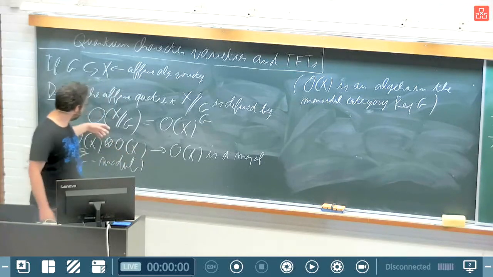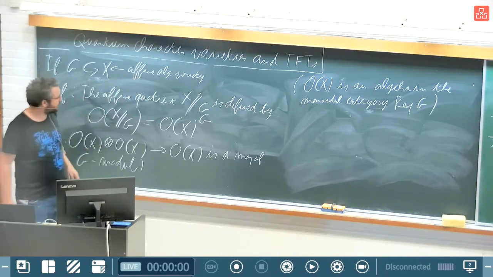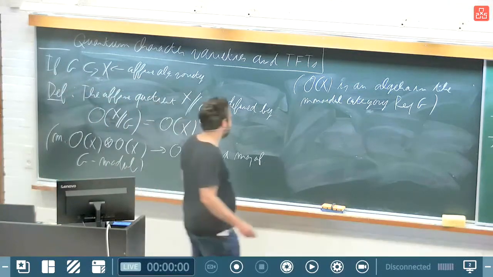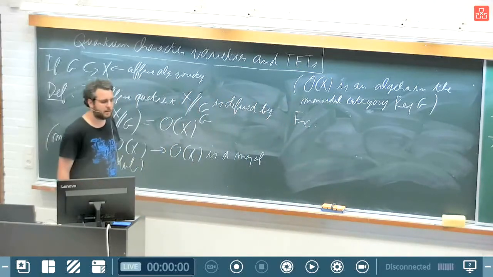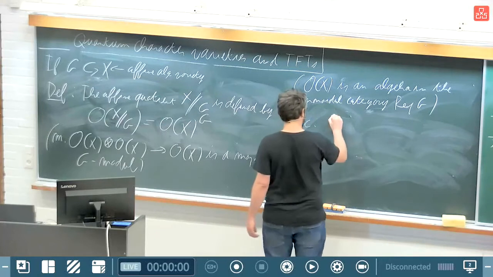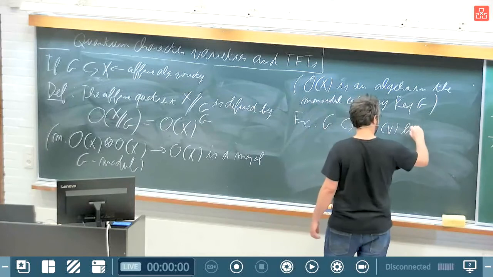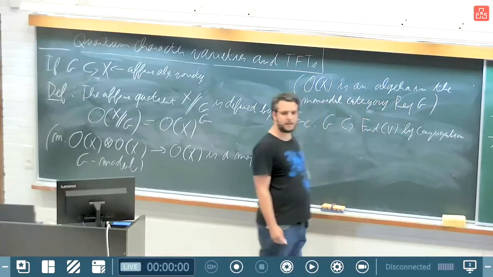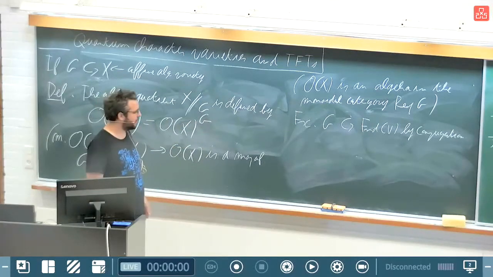Okay. But the thing is that this algebra is not, in general, just the space of functions on the set-theoretical quotient. To give a textbook example, if you look at the action of G on the space of all matrices by conjugation, polynomial functions are continuous, and the space of diagonalizable matrices is dense in that space.